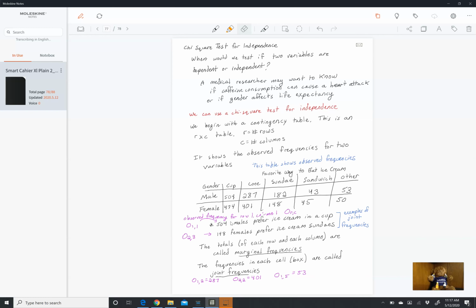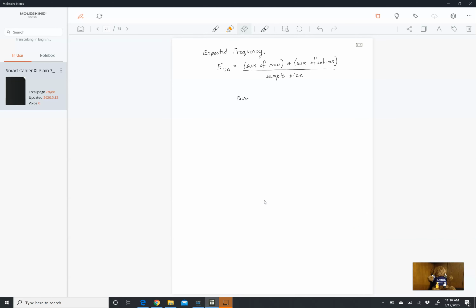So I'm going to recreate this contingency table, but I'm going to leave lots of room to calculate the expected frequency. So we have gender. First of all, we have the favorite way to eat ice cream. So we're going to have the person's gender.